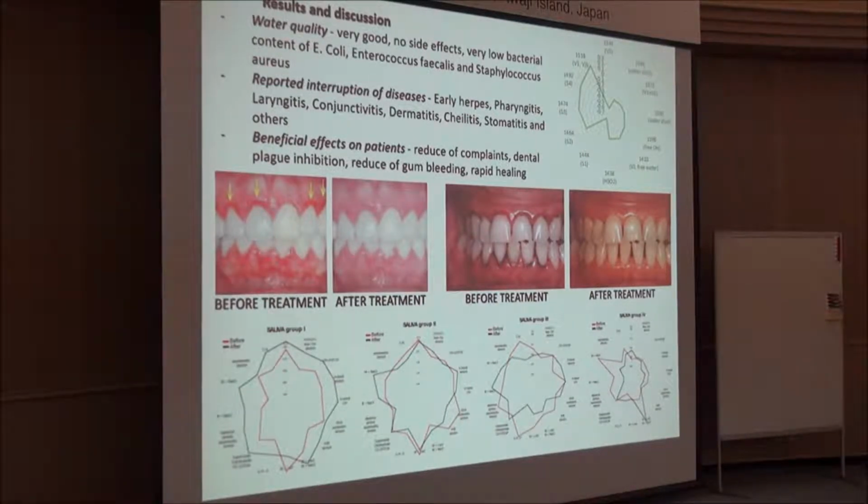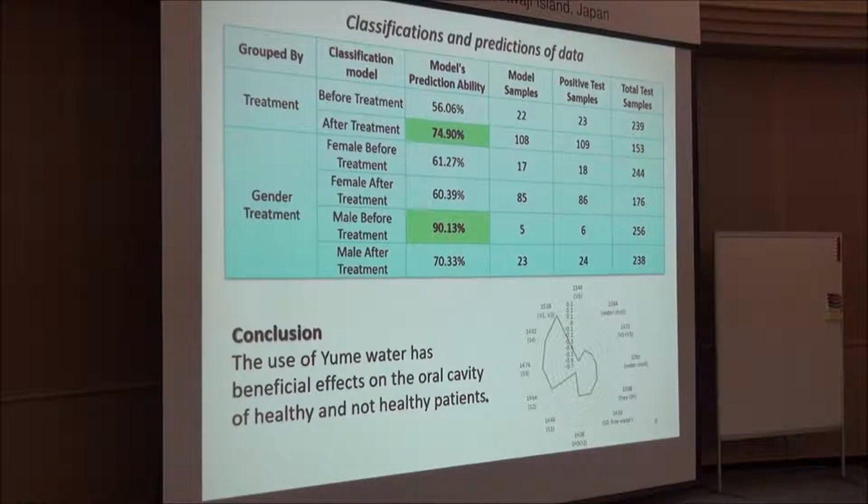Before treatment and after treatment, we show our results. We show aquagrams. Before treatment is red color, after treatment is black color. This is classification and prediction of data.